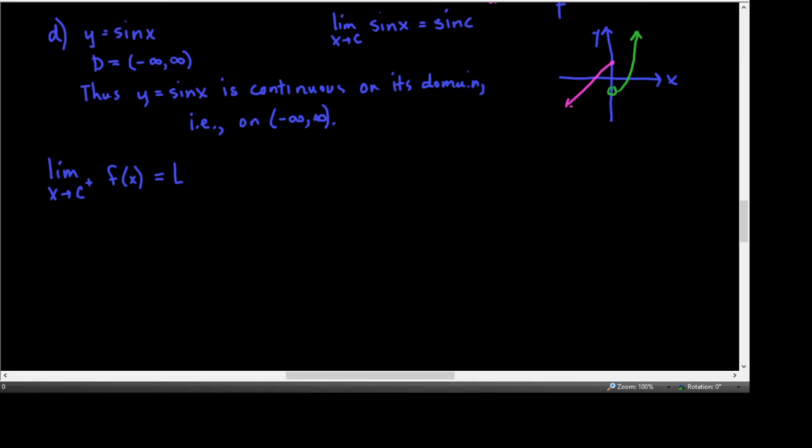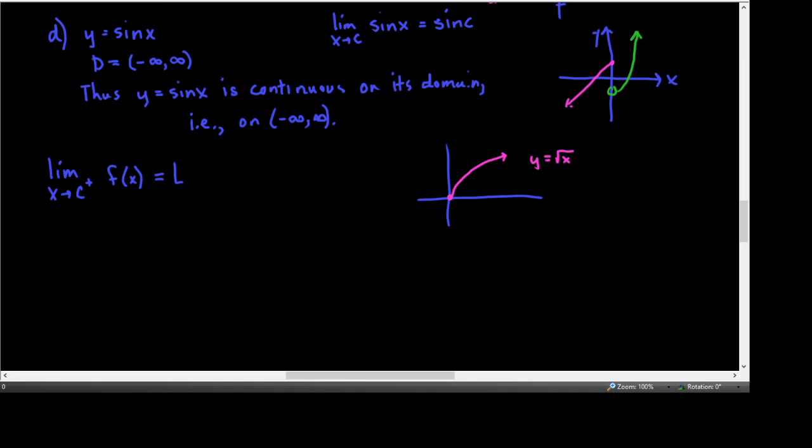And so if we have a function like y equals the square root of x, as long as we're not taking the square root of a negative number, this will be continuous on its domain, by the way.